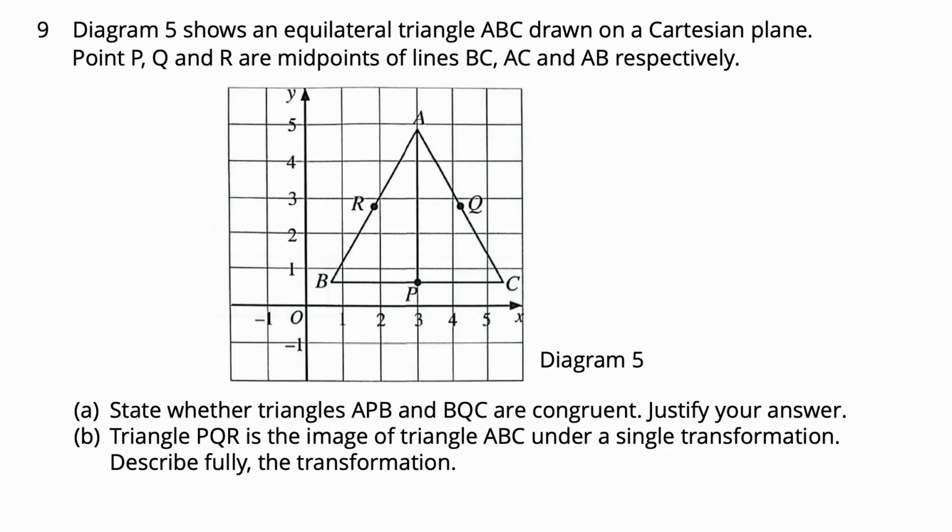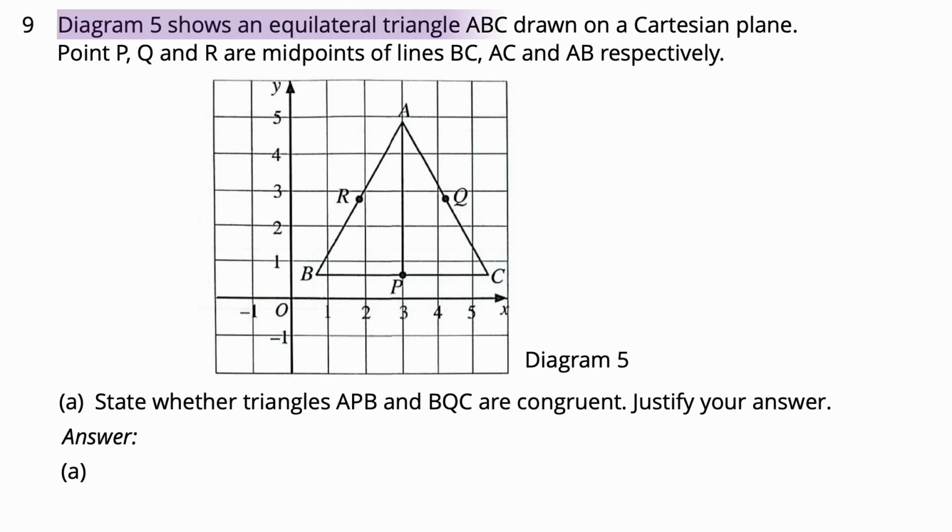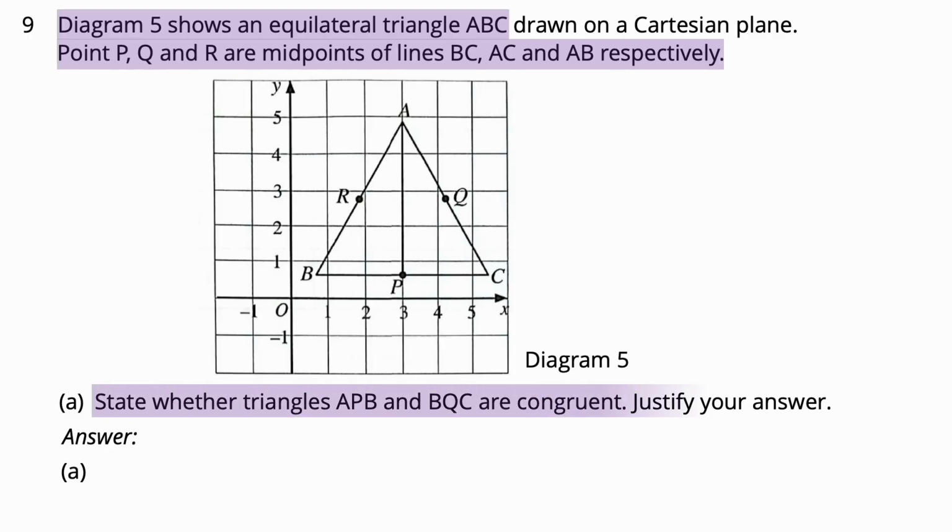Question number 9. Diagram 5 shows an equilateral triangle ABC. Points P, Q, and R are midpoints of lines BC, AC, and AB respectively. A. State whether triangles APB and BQC are congruent.